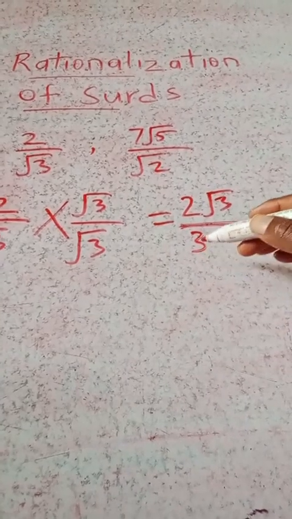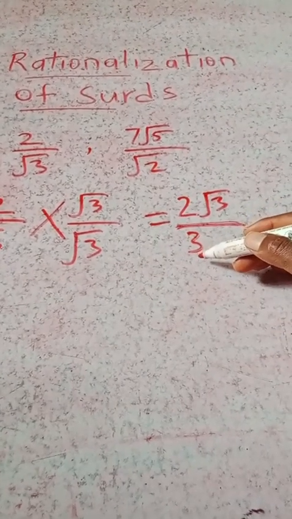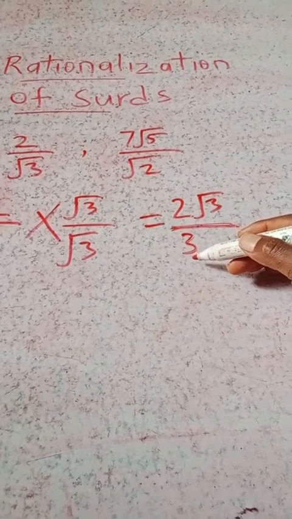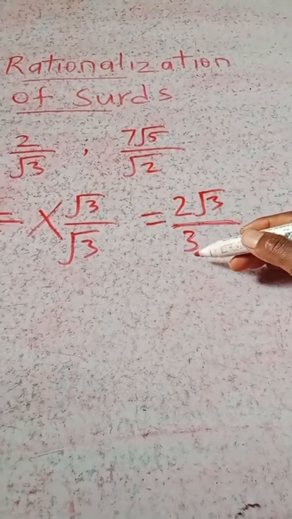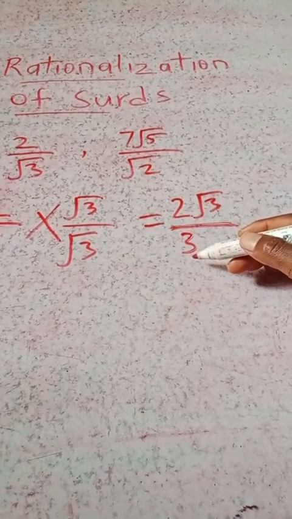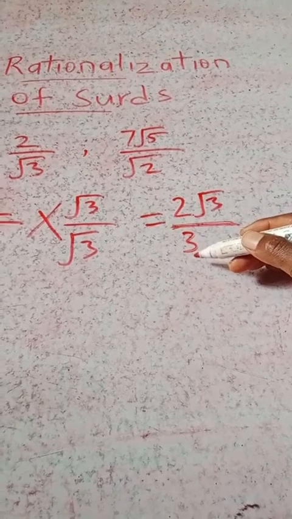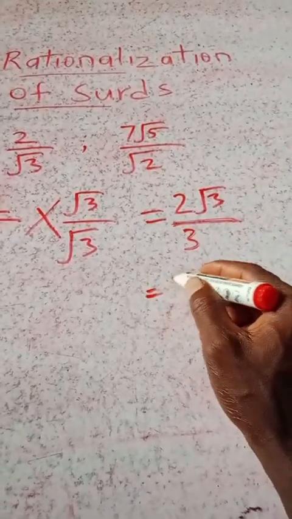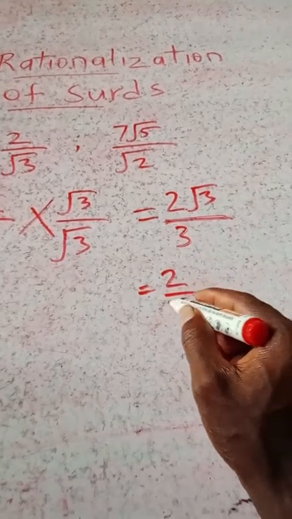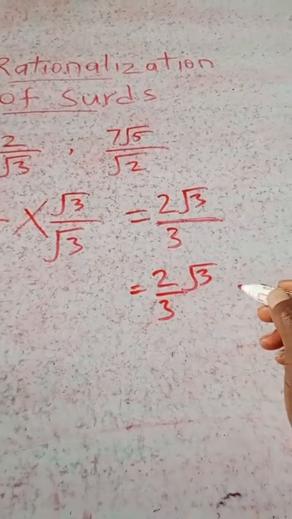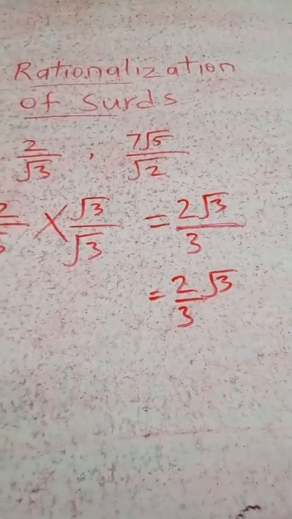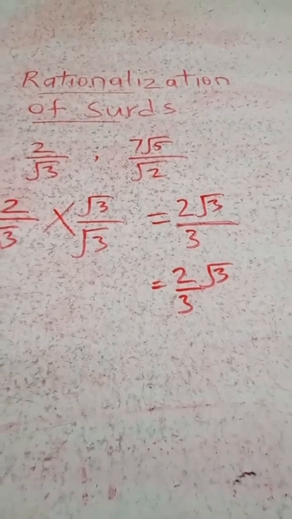And here the denominator is without root, and that is what we are looking for. It then means that we have rationalized the surd. Are you getting it? Or you can also say 2 over 3 root 3. It's the same thing.